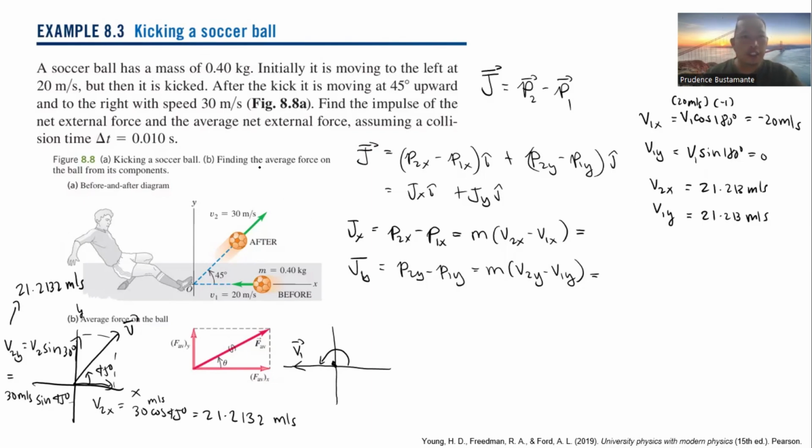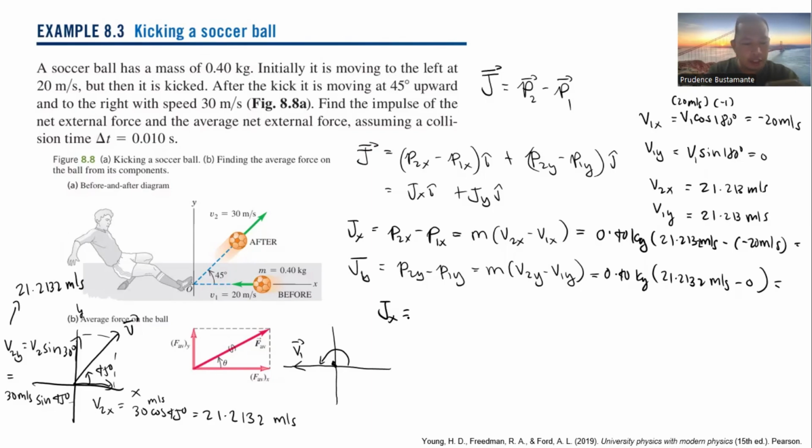So the mass is 0.40 multiplied by this one: v2x minus negative 20 meters per second, and the other one, v2y is 21.2132, minus 0.